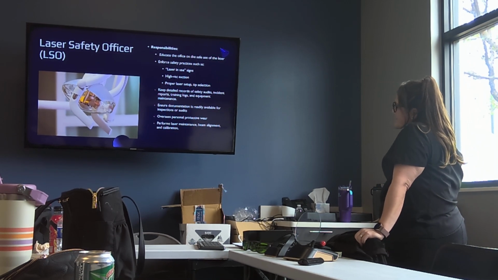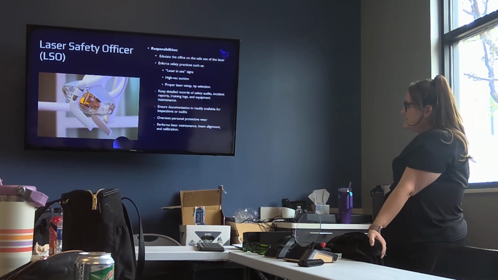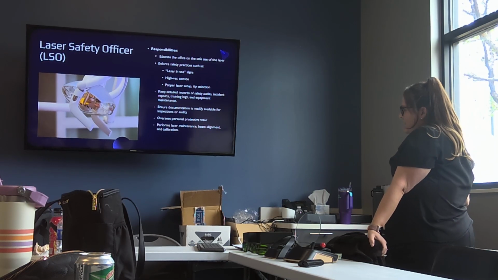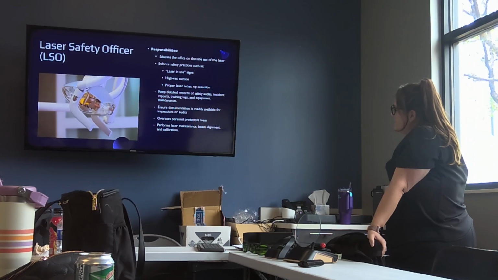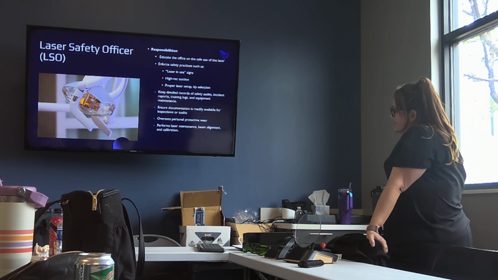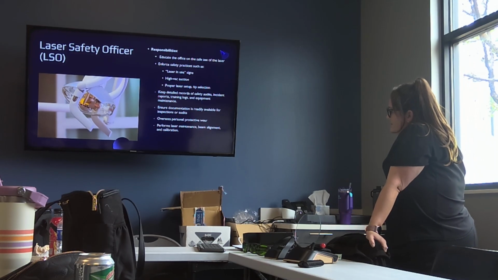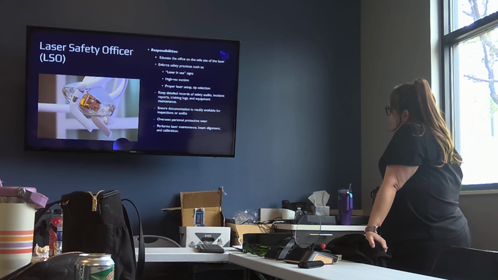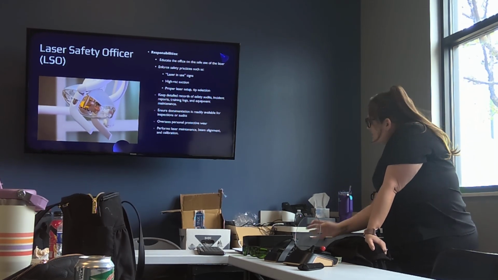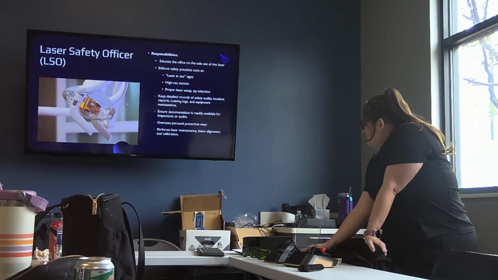They also keep a detailed record of safety audits, incident reports, training logs, equipment maintenance, things of that nature. They also ensure documentation is readily available for inspections and audits. And they oversee the personal protective wear, making sure everybody in the rooms is wearing them. And of course, the laser maintenance, beam alignment, and the calibration.